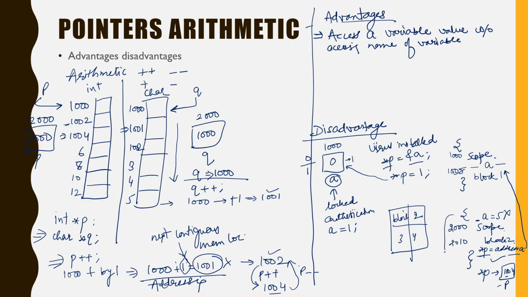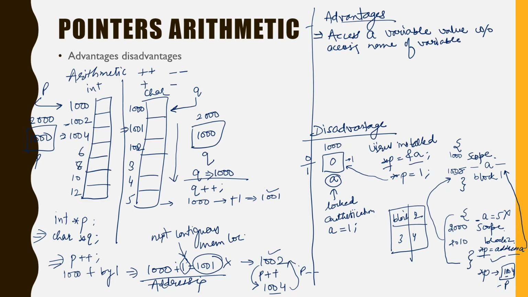In this way this virus scope can access the value, not the variable. I'm not saying it can access the variable. It can directly access the memory locations where the variable is stored.